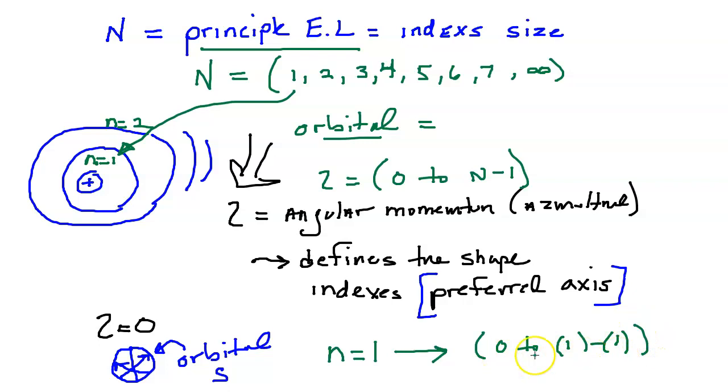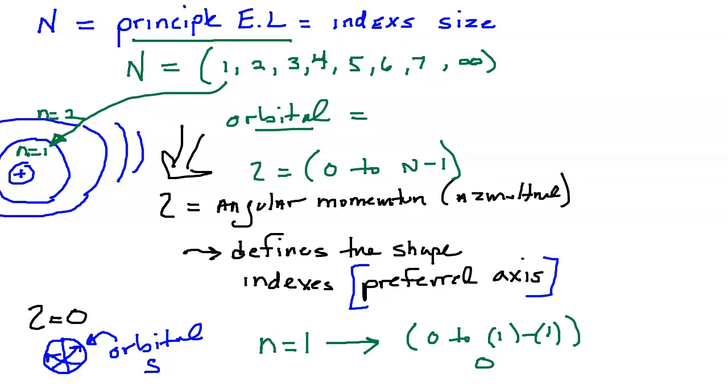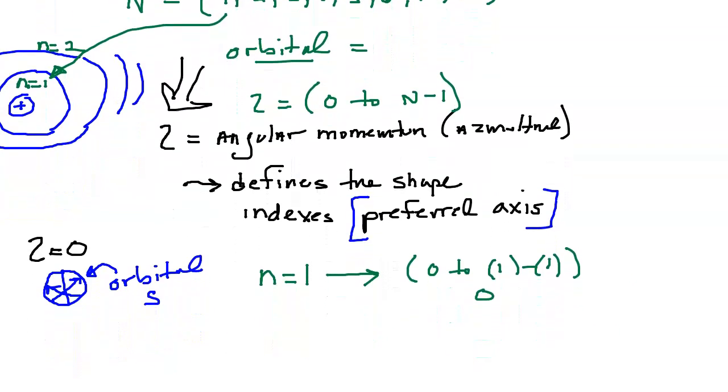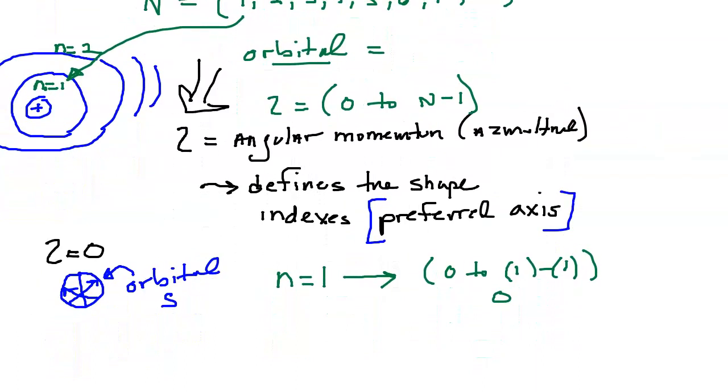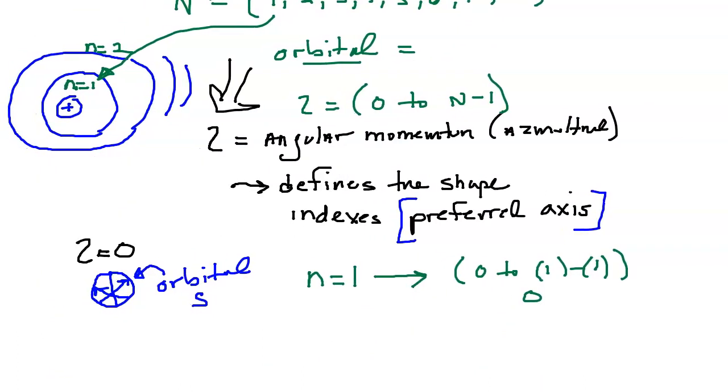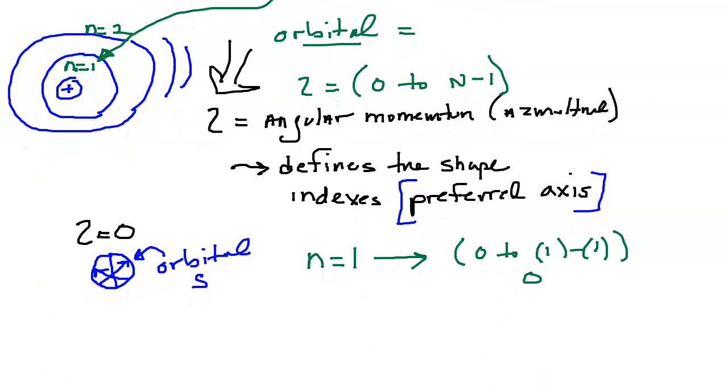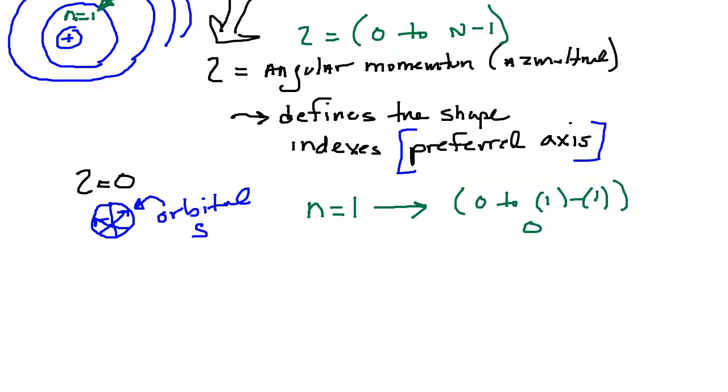Now, what does that mean? So I only have a 0. That means, very simply, I only have the 0 L number, or angular momentum number. So if I scroll this down and move this, I'm not sure why it moved, but hey, we move this down. What do we got?